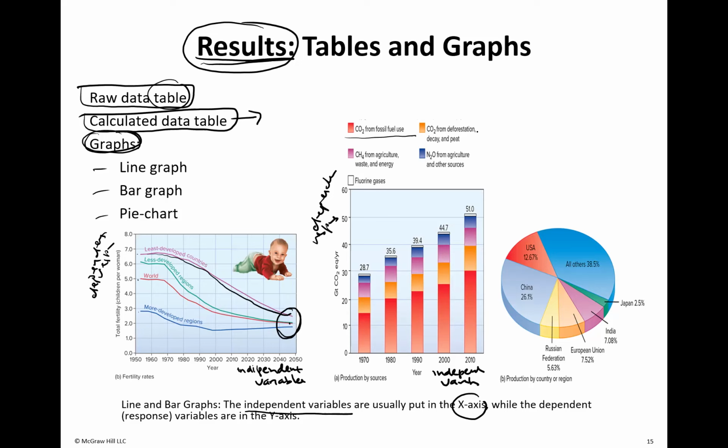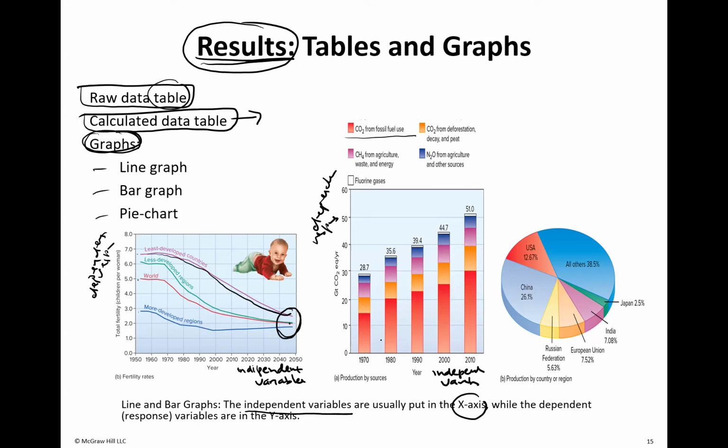If you see the graph over here, again, the x-axis shows you the independent variable, which is years, progressive years, and then the y-axis shows you the response, which is the amount of greenhouse gases produced during that year.